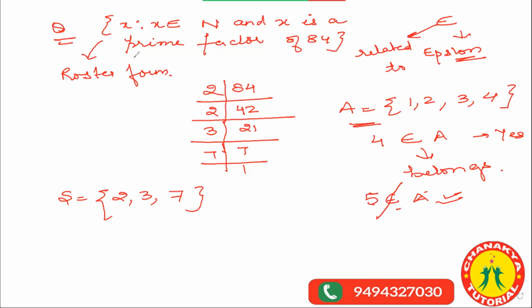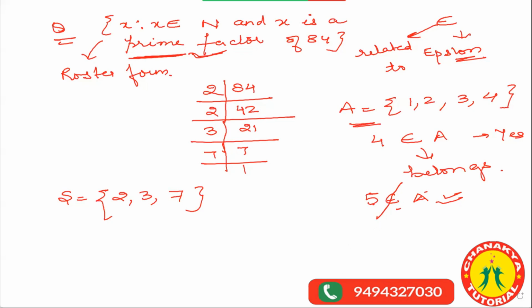Because you have to write the prime factors. Can you write 4? No, 4 is not a prime number. 2 is a prime factor of 84, but 4 is not a prime factor. 4 is a composite number.